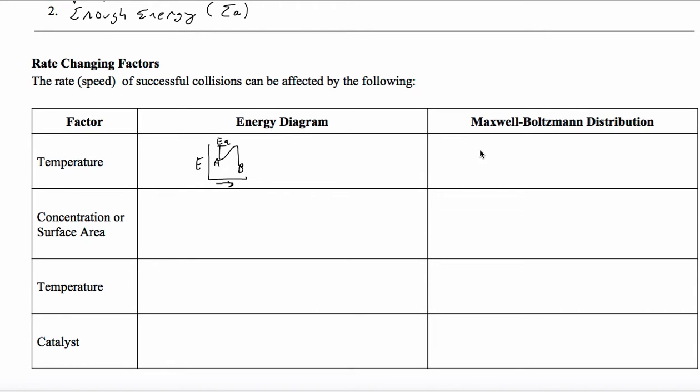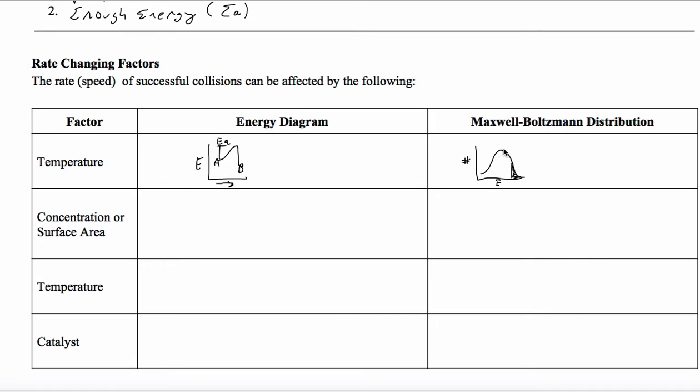Now, if you look at all the reactions in a Maxwell-Boltzmann distribution, and we put energy here, and we put the probability of the particles having a specific energy here, we get a normal distribution, where that activation energy is now on the x-axis. These reactants have collided with enough energy in the correct orientation.